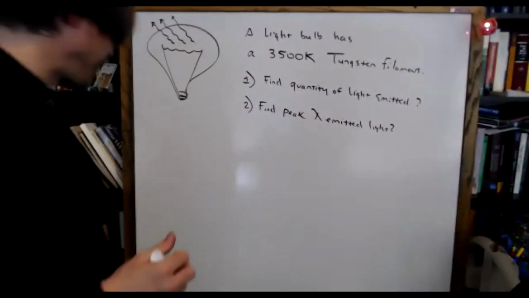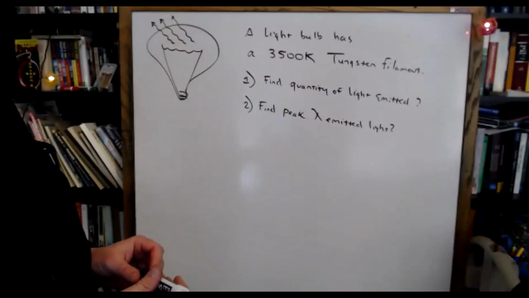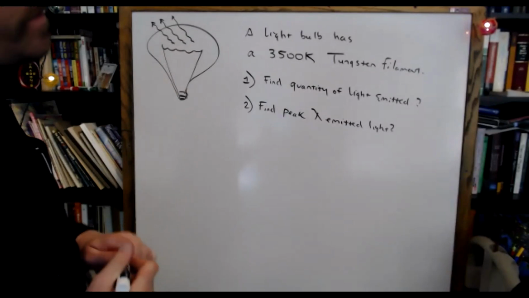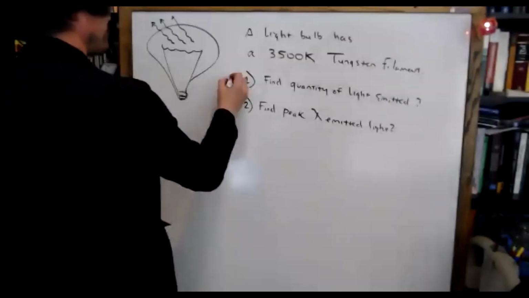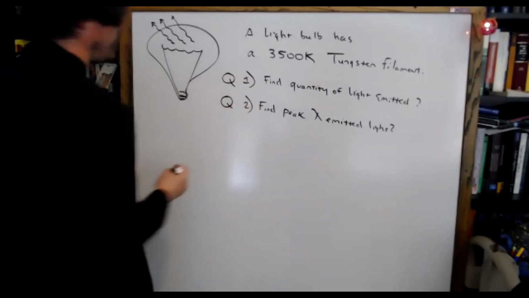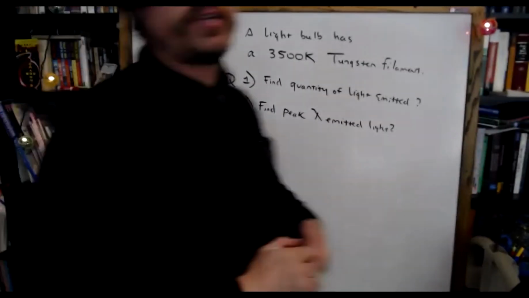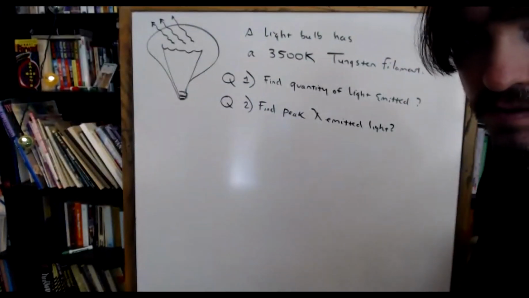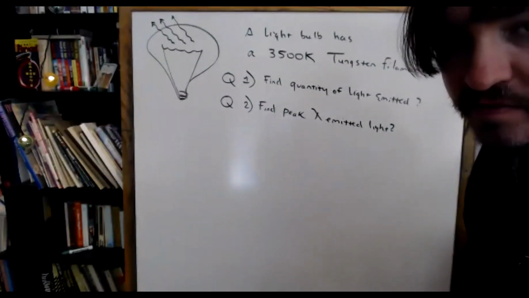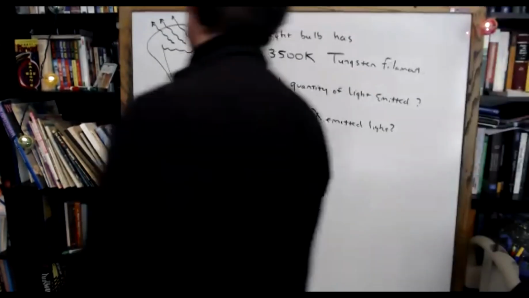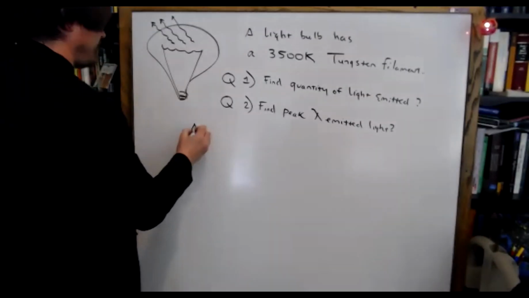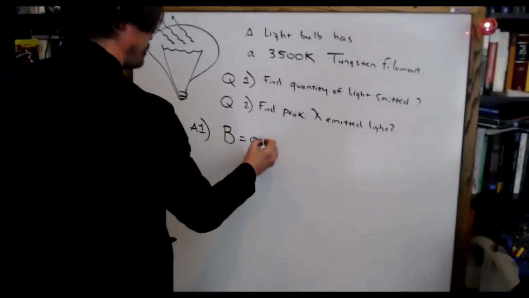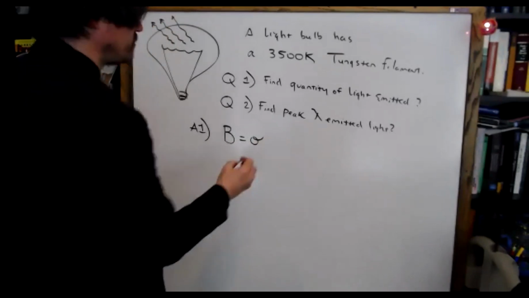Which formula do I want to solve question 1? Which formula should I choose for question 1? The first one, the one we did on the left, the Stefan-Boltzmann Law. Stefan-Boltzmann Law. Okay. And what's that say, Dennis? B equals sigma times temperature to the 4th power.